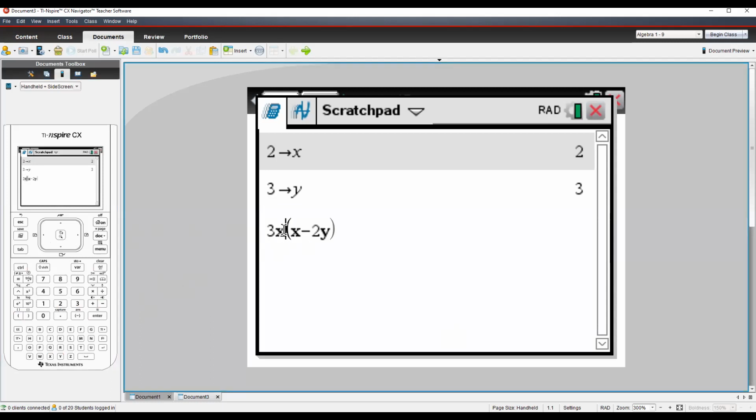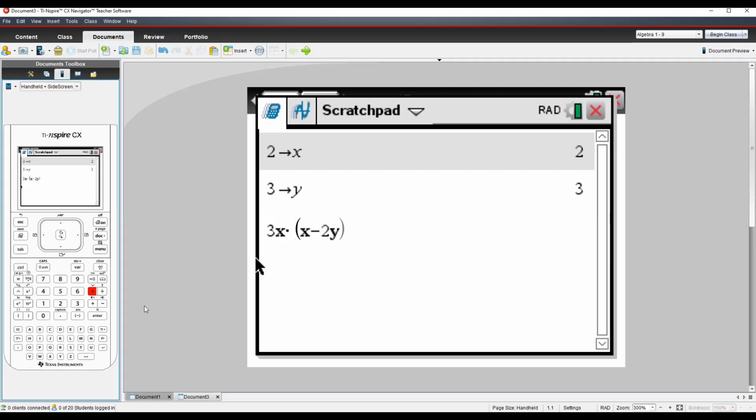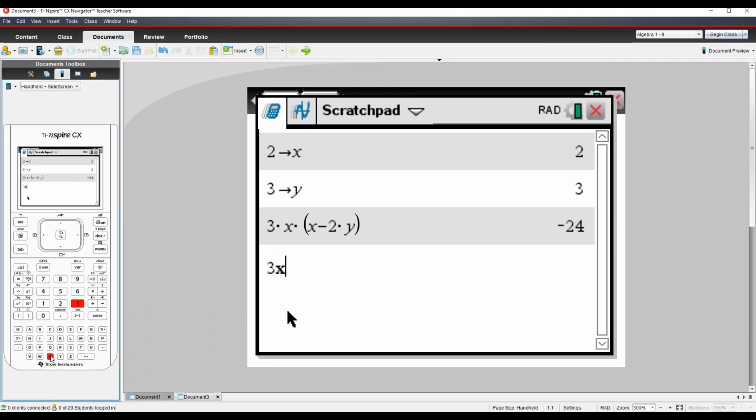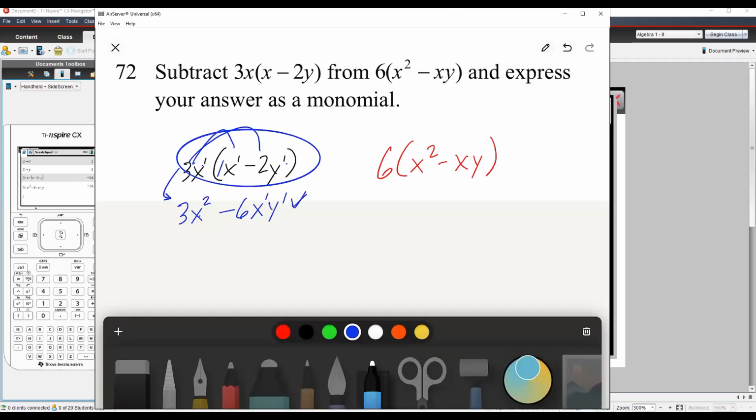I know I need a multiplication symbol in between those two, but when I press this, I get a -24. Now, according to my answer, 3x squared minus 6xy, that's what I'm checking. So I'm going to put 3x squared minus 6x times y. Now, this should be a -24. If it's not, then that means I've made a mistake and I've got to go back and fix it. I get a -24, so I know that this is right.